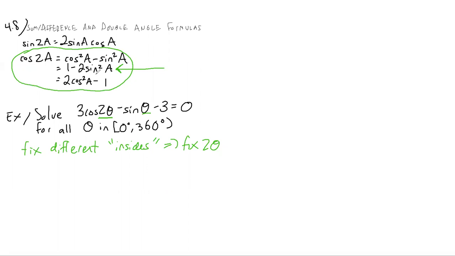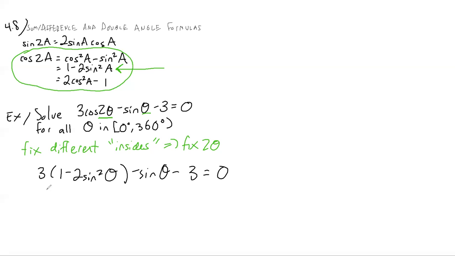So I'm going to replace with just the one with sine, and that way everything in my expression is just sine thetas. So what I'm going to do is swap this out: 1 minus 2 sine squared theta, right? Theta instead of A, minus sine theta minus 3 is 0.